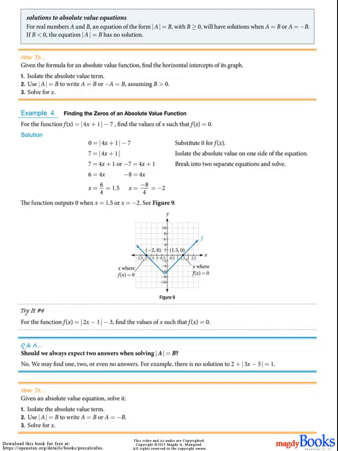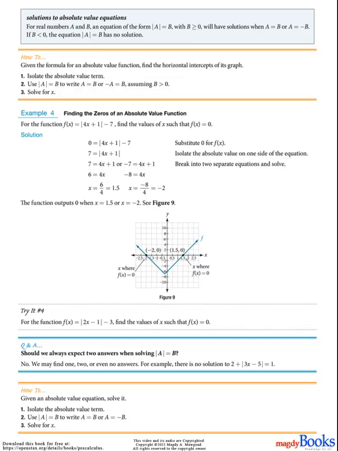Break into two separate equations and solve. 6 equals 4x, so x equals 6 over 4, which equals 1.5. Negative 8 equals 4x, so x equals negative 8 over 4, which equals negative 2. The function outputs 0 when x equals 1.5 or x equals negative 2.